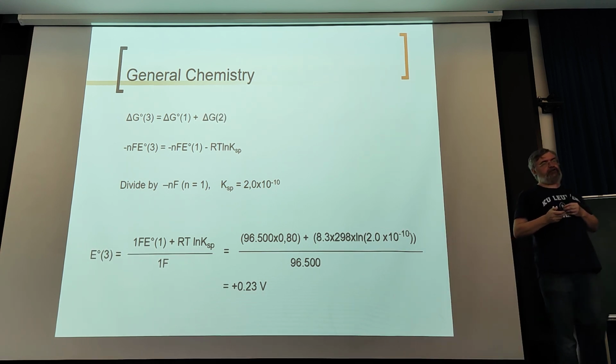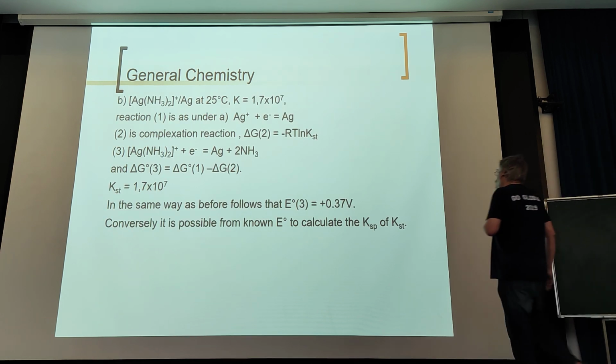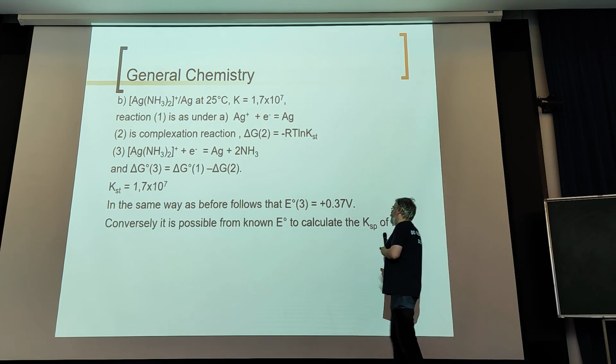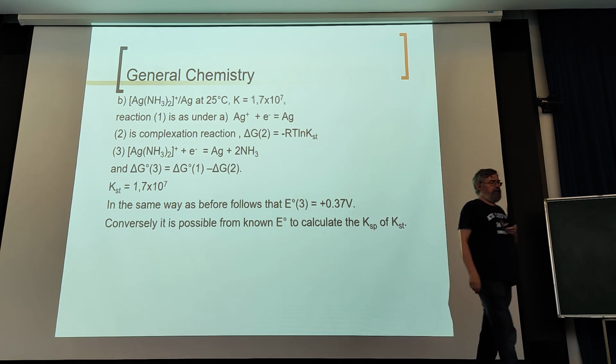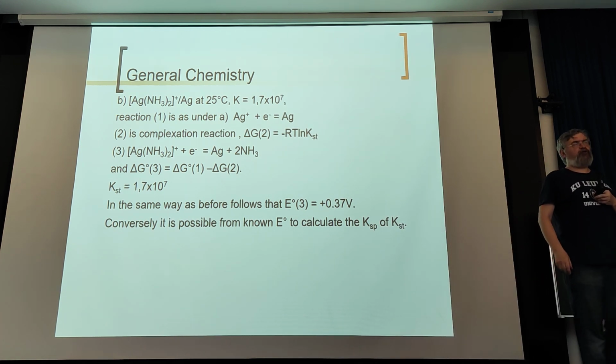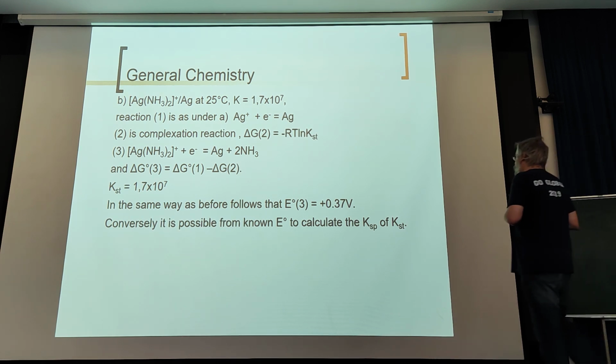When you do this calculation, I'm not sure of the details, but it follows that now you have 370 millivolts. So also here we have more than halved the potential of the free silver.